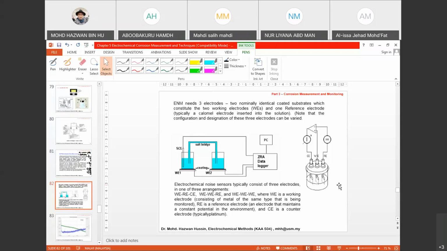And you can also have 3 working electrodes. But normally the one that we use in the lab is the 3 electrode system where you have working, reference, and also counter. 2 similar working and 3 similar working electrodes are, I think, for special types of experiment.